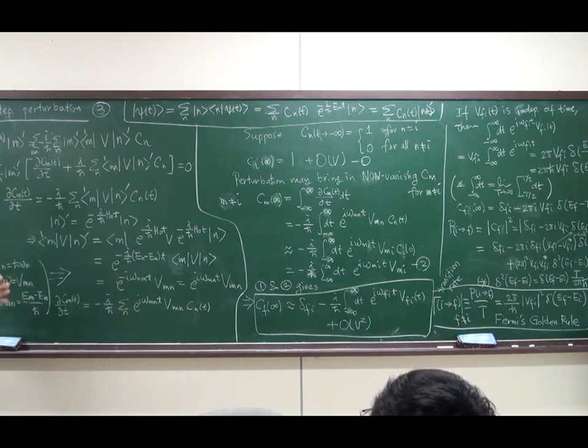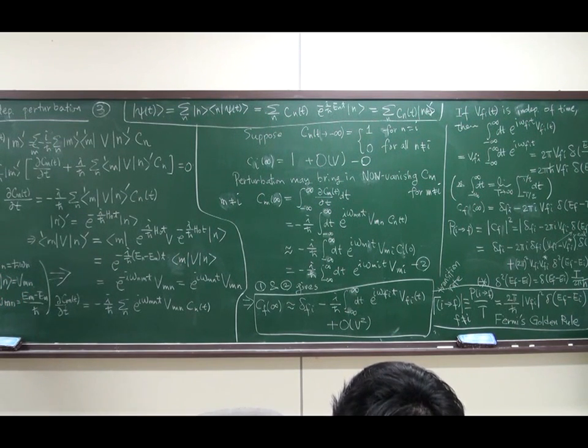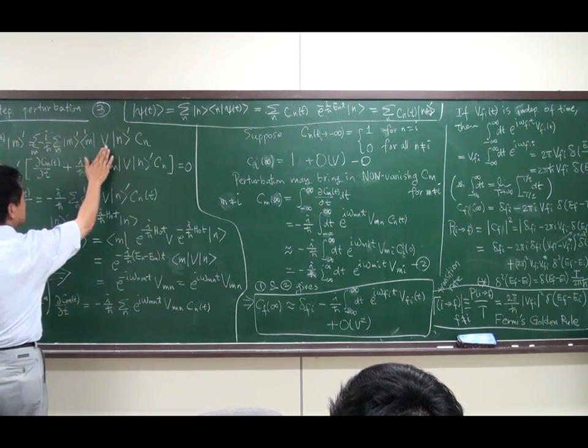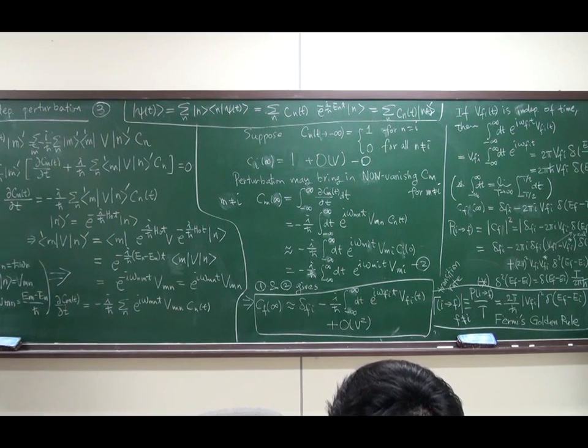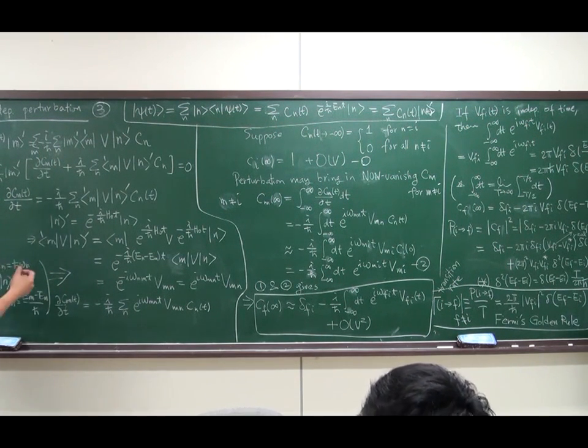But the final state that is different from the initial state has initially zero probability, but because of the perturbation contribution depending on time, it is possible to have non-zero probability to acquire a state that is different from the initial state.